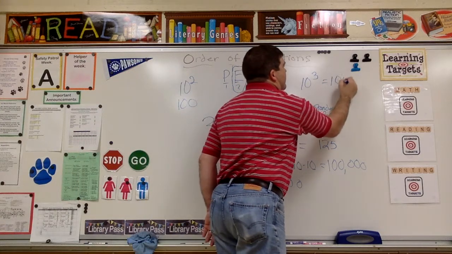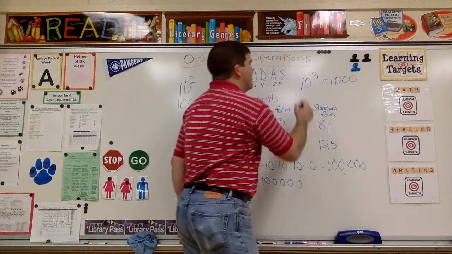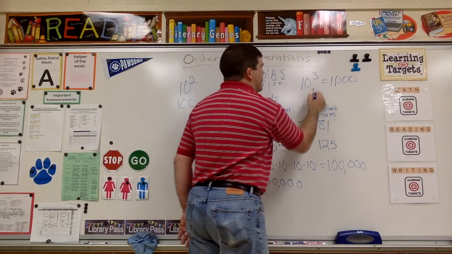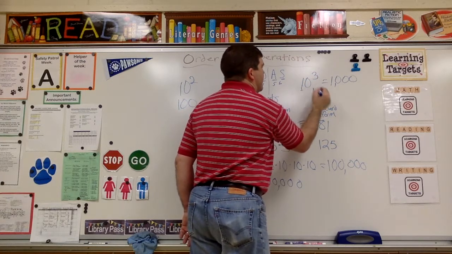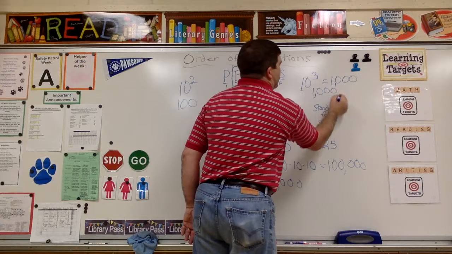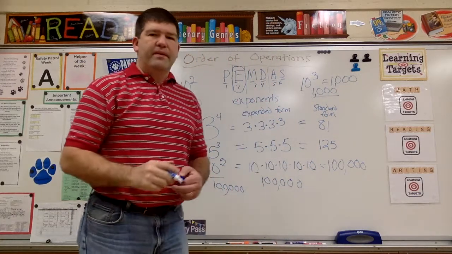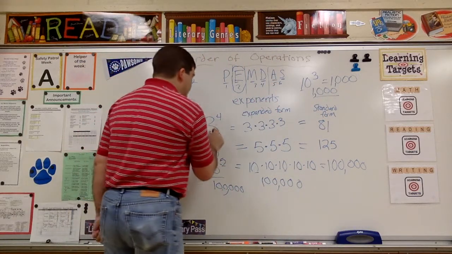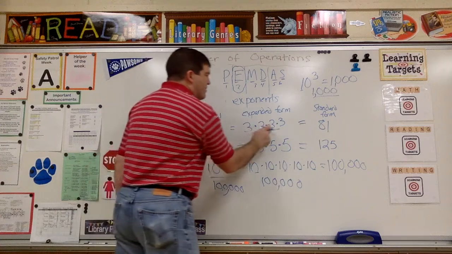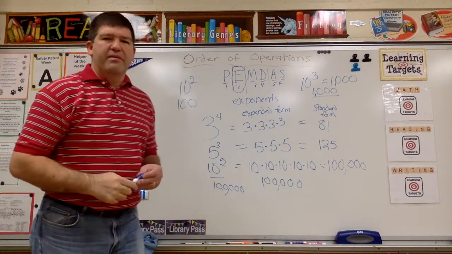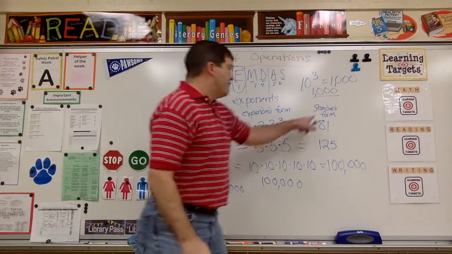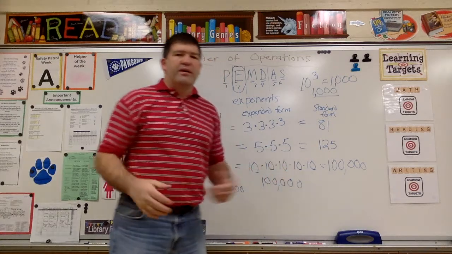So this should be 1,000. Let's see if it works out. 10 to the third is the 1, and then 3 zeros. 1, 2, 3. Okay? But when you have numbers like 3 to the fourth, you expand it out, multiply them together, and you will get the standard form, or your answer, what it is.